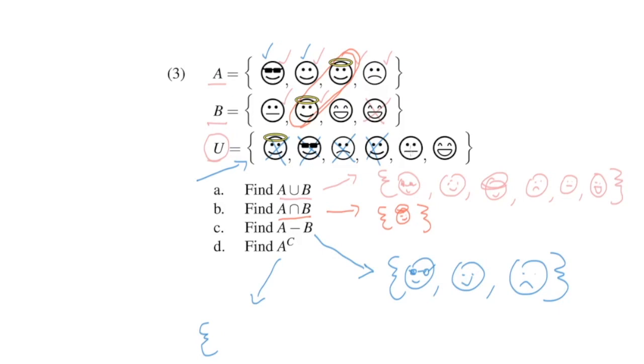Sterny, okay, Sterny is in the universe, but not in A. So this will be in the complement of A. Sterny. Okay, good. And then the last one is Toothy. So Toothy is in the universe, but it's not in A, so it will be in the complement of A. Okay, so that's the complement of A, Sterny and Toothy.